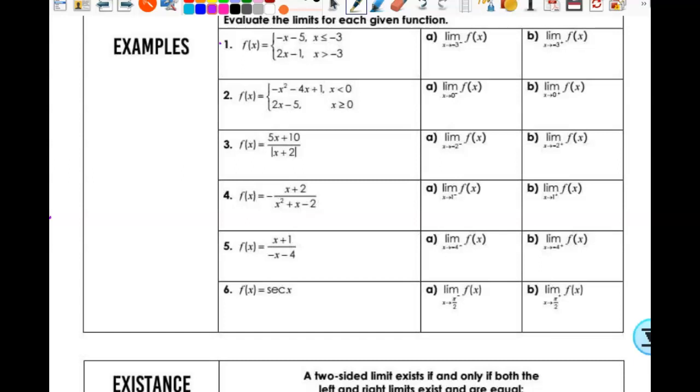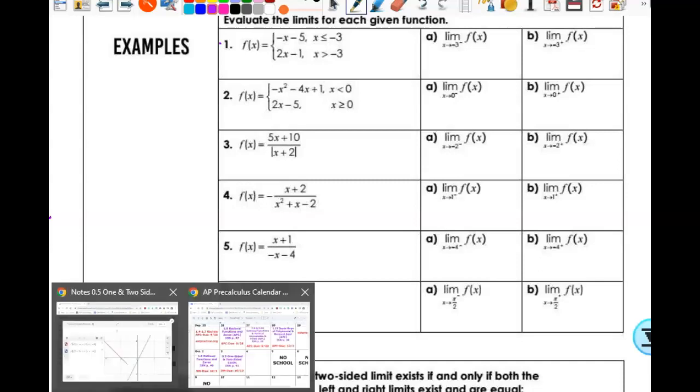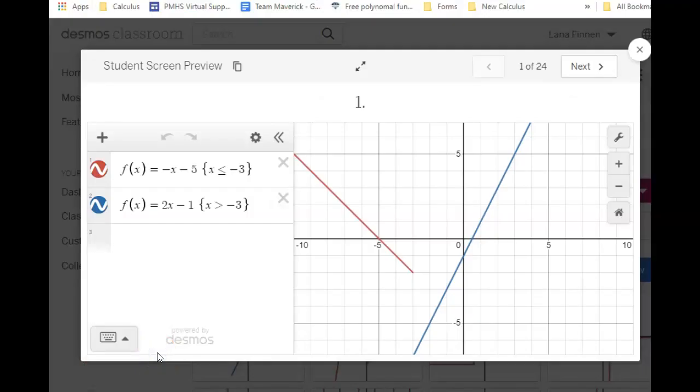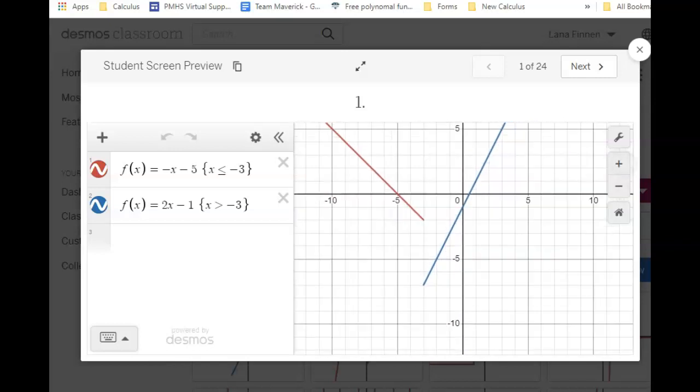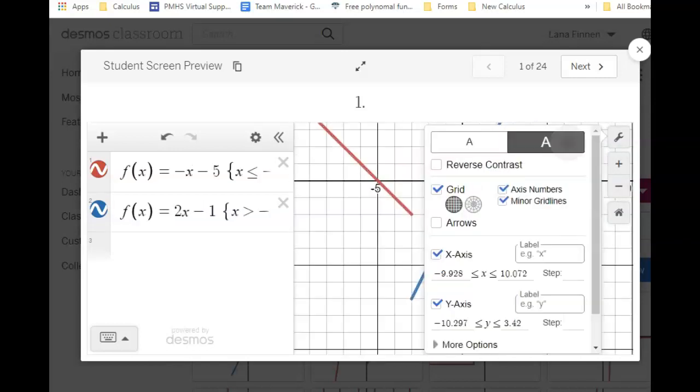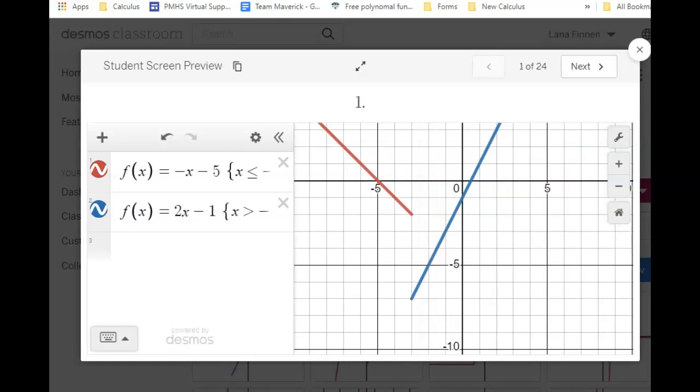So this first graph, which I already have graphed, we're going to look at the limit as x approaches -3 from the left and from the right. That's this one right here. As x approaches -3 from the left, what is the function approaching? -2.